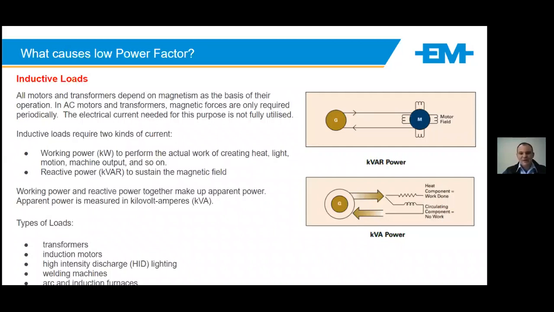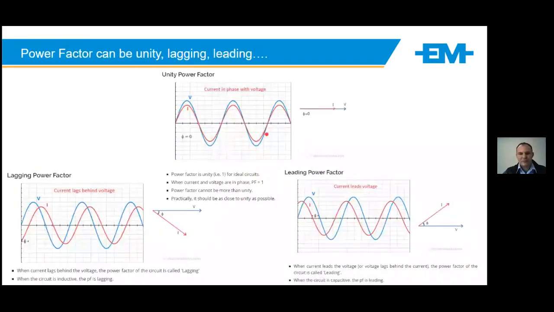The types of loads that would affect us are transformers, induction motors, heating, HID lighting, welding, and arc and induction furnaces, as examples. Power factor can be unity, lagging, or leading.